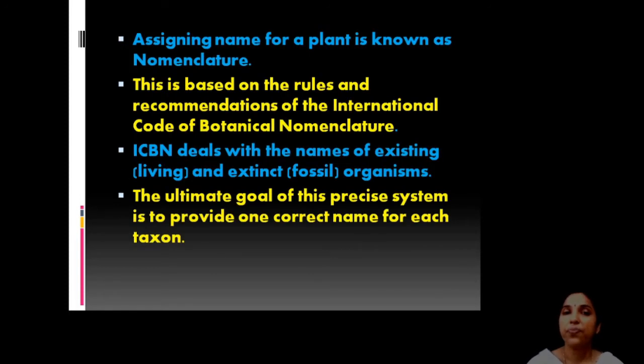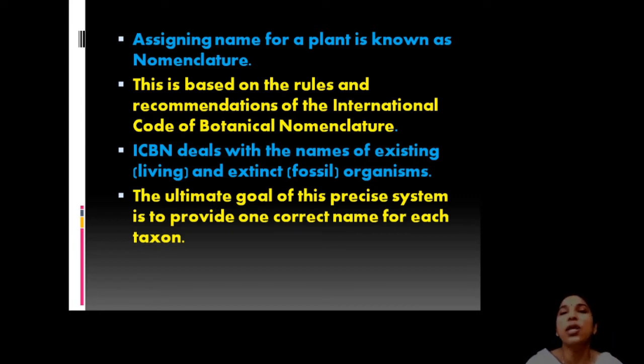Okay, so assigning a name to a plant is known as nomenclature, plant nomenclature. It is based on certain rules and recommendations. Who will provide these rules and recommendations? The International Code of Botanical Nomenclature. Okay. So the International Code of Botanical Nomenclature provides the rules and recommendations for naming.